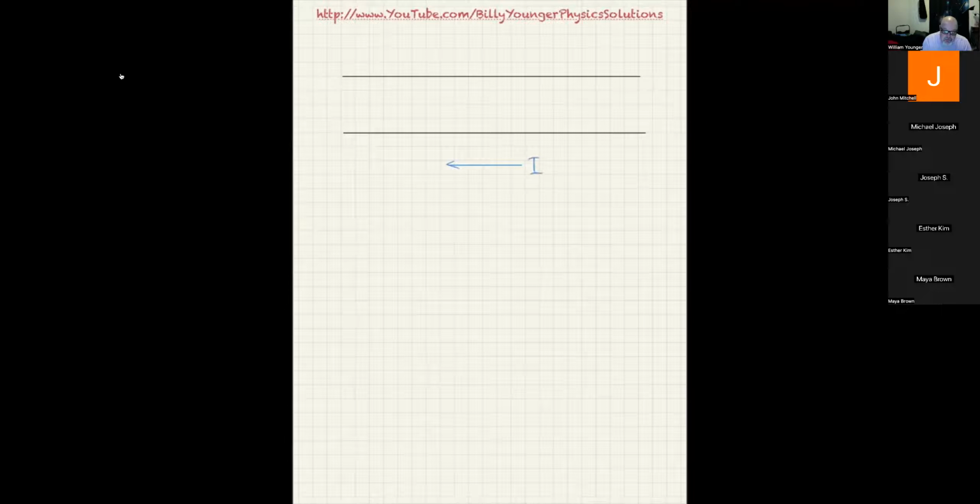Now I have two scenarios by which this might be happening. The scenario is I've got a positive flow of particles going this direction, or I've got a negative flow of particles going that direction. Okay. Now, how do we deal with this?